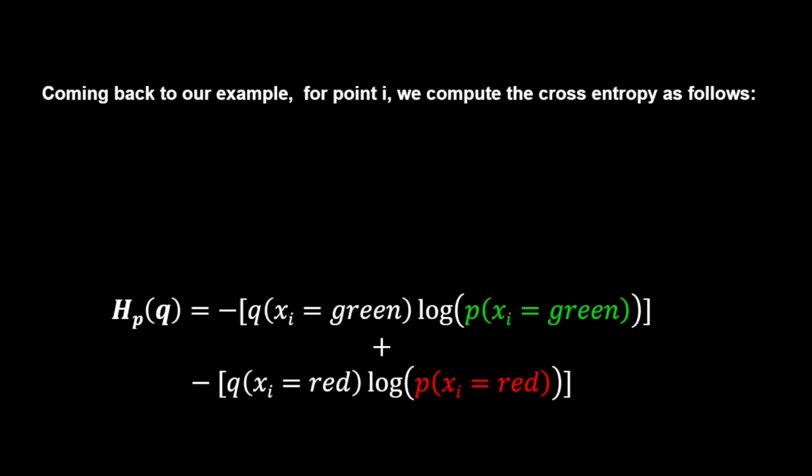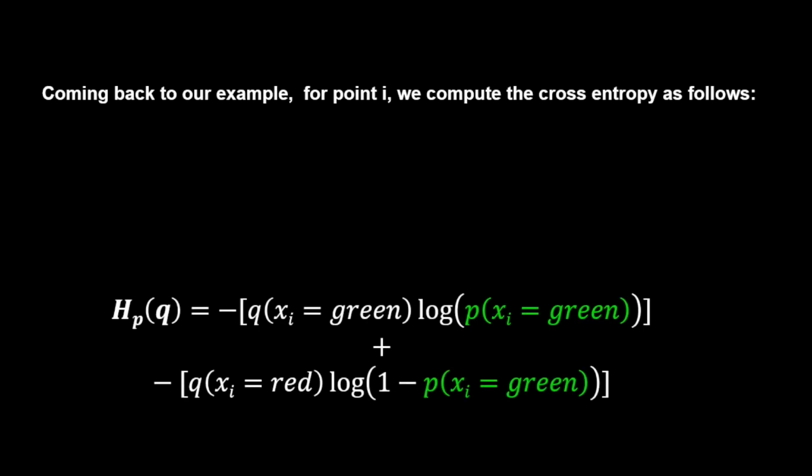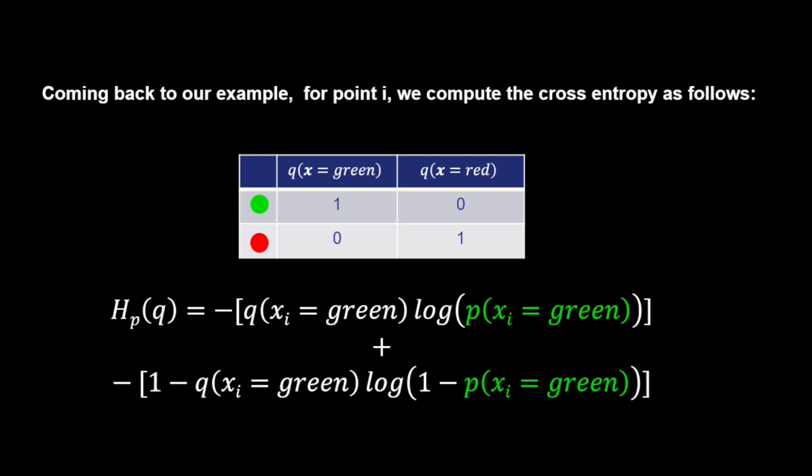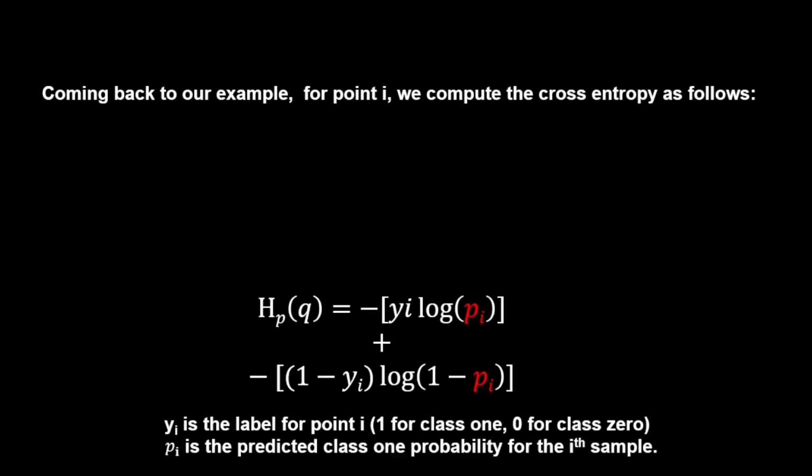It must be pretty clear by now that we can replace p of x equals red by 1 minus p of x equals green. Similarly, we know that we can replace q of x equals red by 1 minus q of x equals green. We can simplify this equation further and rewrite it as shown here, where y_i is the label for point i and p_i is the predicted class 1 probability for the ith sample.